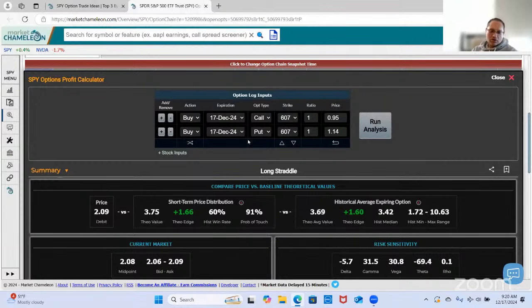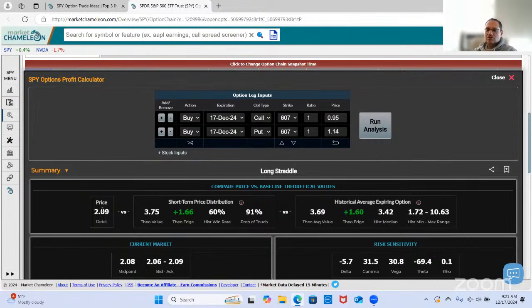The less you pay for it, the less risk you have, and the more you pay for it, the more risk you have. The less you pay for it, the more potential return you have, because the cheaper you buy it, if it moves a lot, you make even more. So what is our potential risk? Well, it's 209. Potential reward, it could be whatever. And based on history, it looks like it's already priced on the lower end of its range.